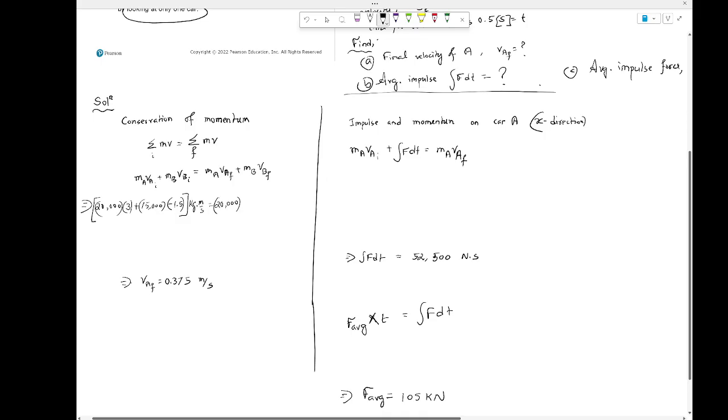This car is coming this way, this one is going this way, so this is positive direction, this is negative. Now, once they hit, both of them are going in the same direction. Does it make sense? That is a little tricky. I don't know what direction A is going; the result is going to tell me. But B for sure is going opposite to B's initial direction, which is A's direction. That's given.